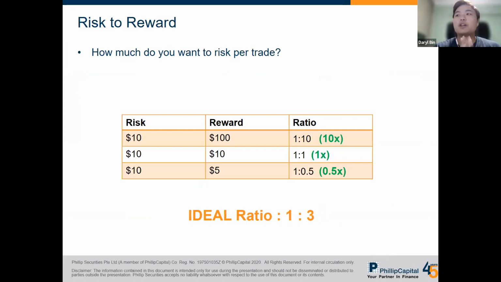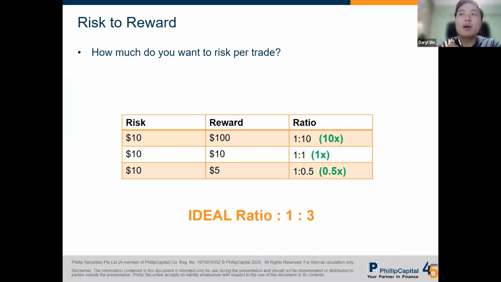What I'm trying to say is the ideal ratio is 1:3. Meaning to say, if today you're risking $10, definitely your take profit is $30. So make the risk compensable.